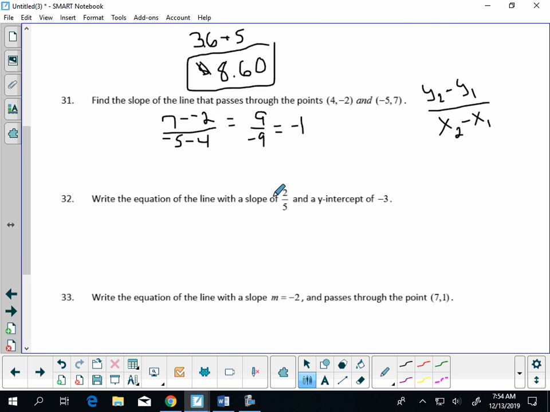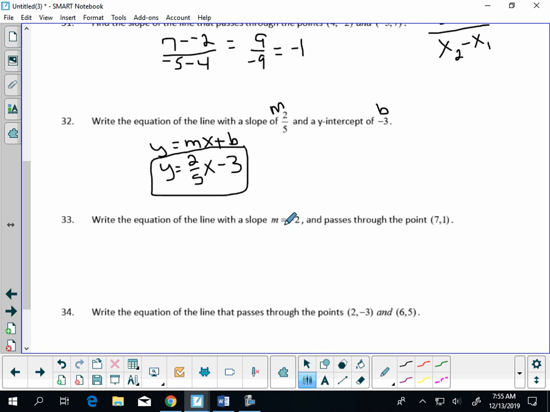Write the equation of a line with a slope. So they're telling me m, they're telling me b, the y-intercept. So y equals mx plus b. So y equals 2/5 x minus 3.